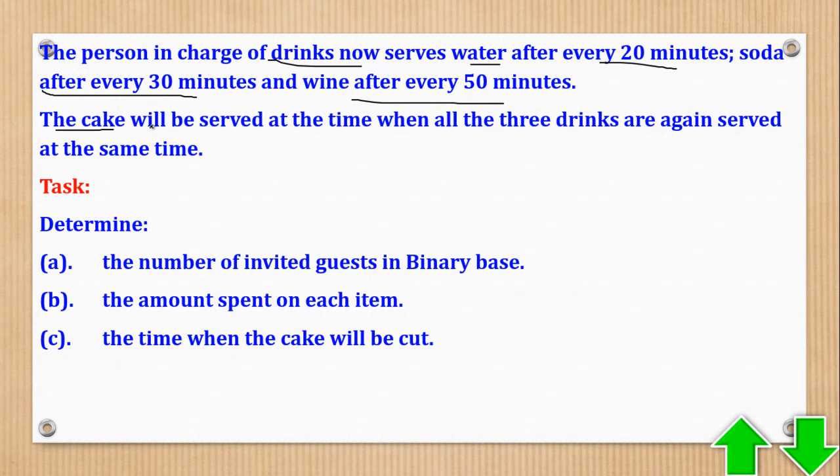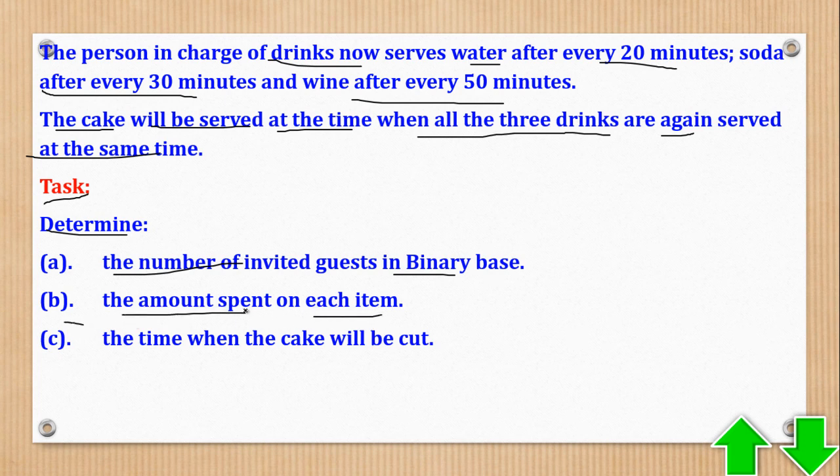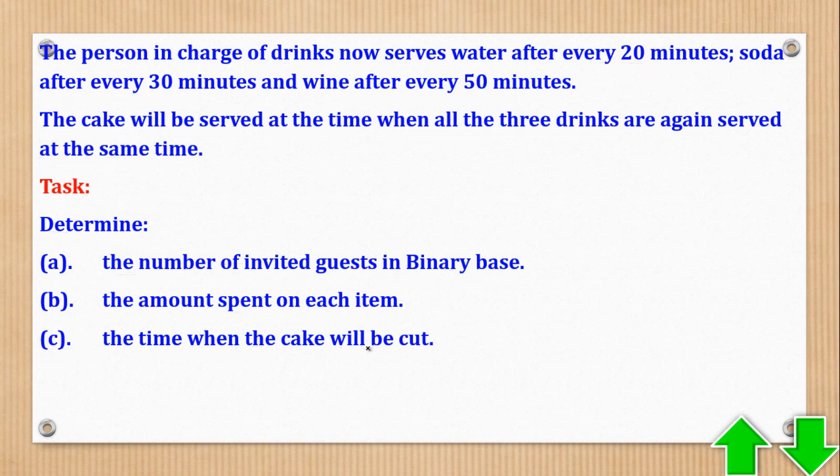The cake will be served at the time when all the three drinks are again served at the same time. Determine, task A, the number of invited guests in binary base. Task B, the amount spent on each item. Task C, the time when the cake will be cut.